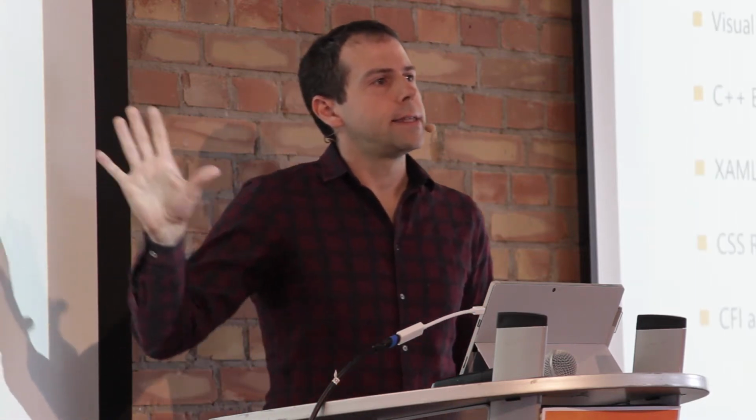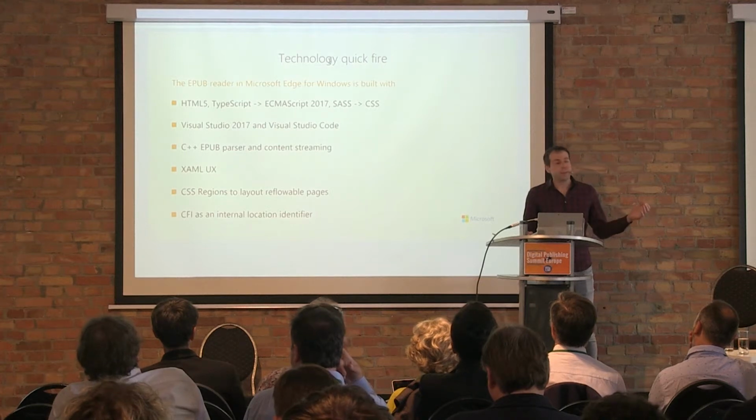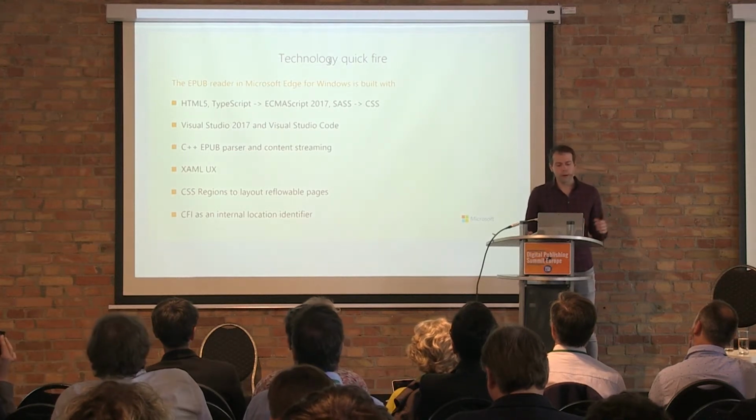I'll give you one last thing, which is a list of some of the tools we use to build EPUB in the browser, particularly in Windows. We use lots of the latest and greatest stuff from HTML5. We use TypeScript compiled to ECMAScript 2017, which is fantastic. We use Sass to build our CSS. We use Visual Studio 2017 and Visual Studio Code to do all this work.